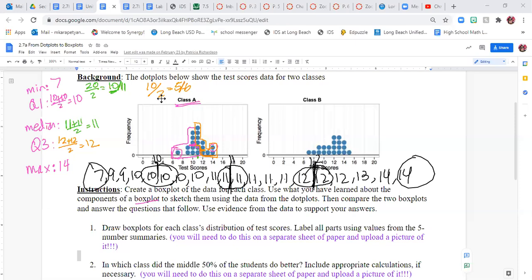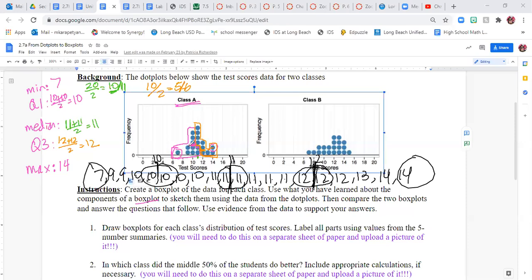So I did 10 divided by 2, which gives me 5. But just like over here, where when I get a whole number, I have to take the average of that number and the next number, right? So I'm taking the average of the 5th and 6th term. Not 5 and 6, but the 5th and the 6th term, right? So that's when I counted here. Oops, wrong side. That's when I counted here.